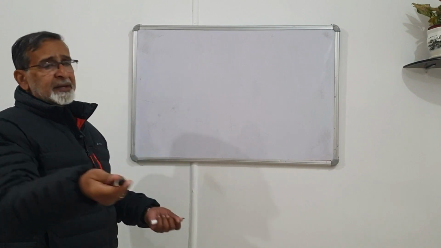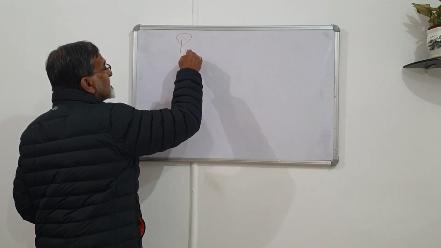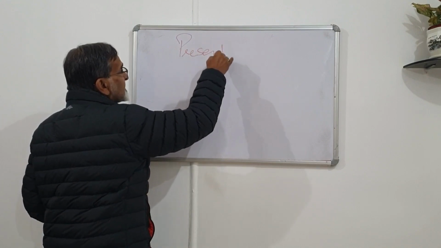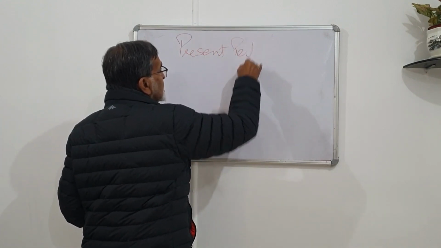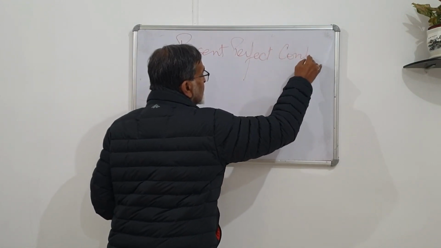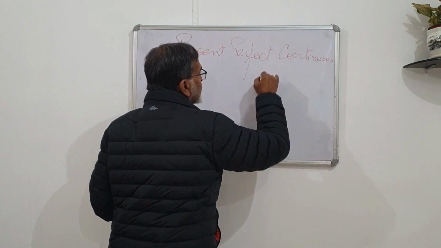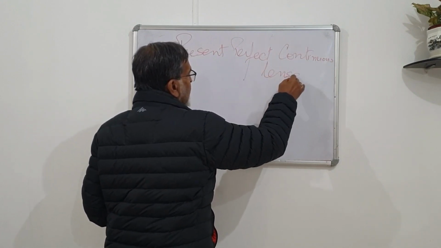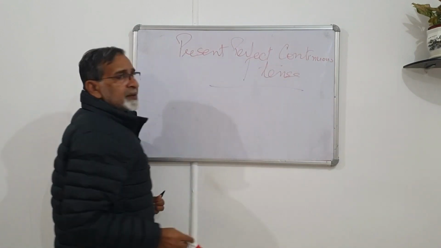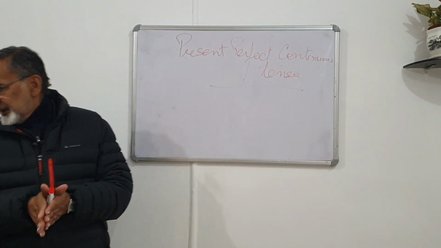Then along with this tense we teach you present perfect continuous tense. See, simple सी टेंस है, इसमें कोई एक डेढ़ लाइन की टेंस है.